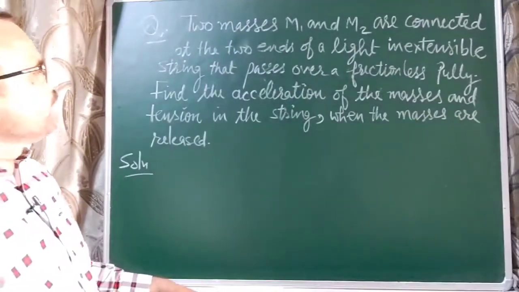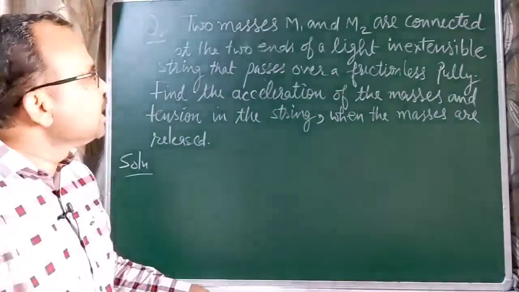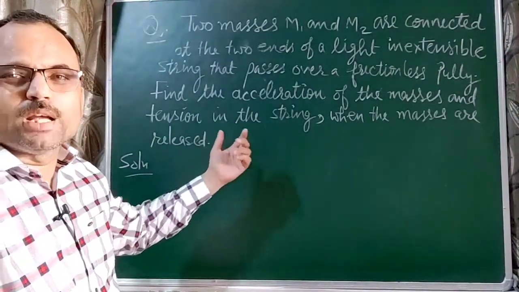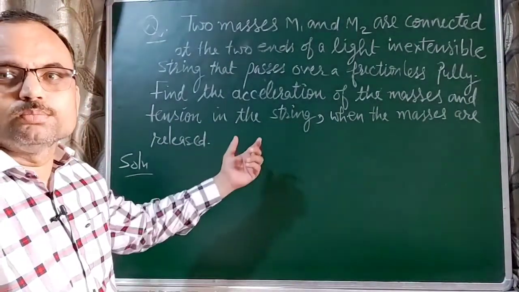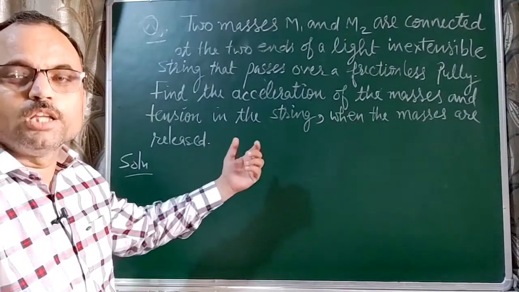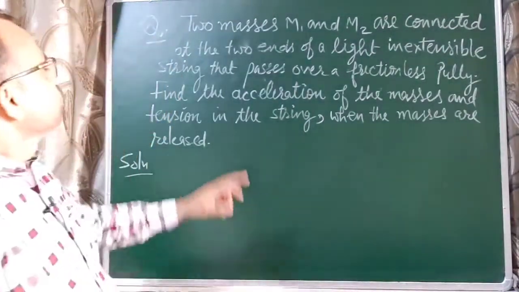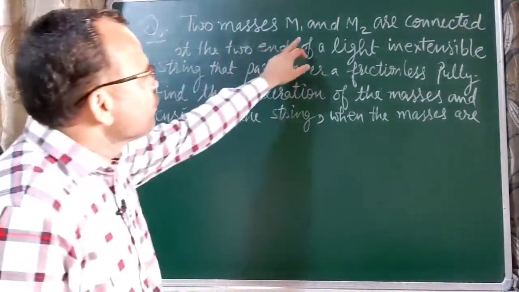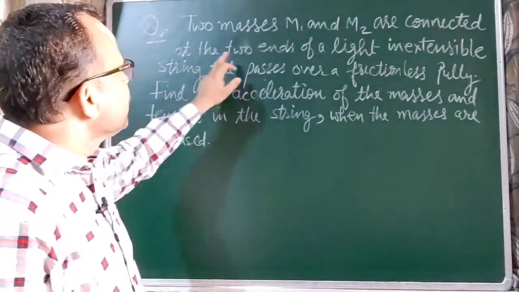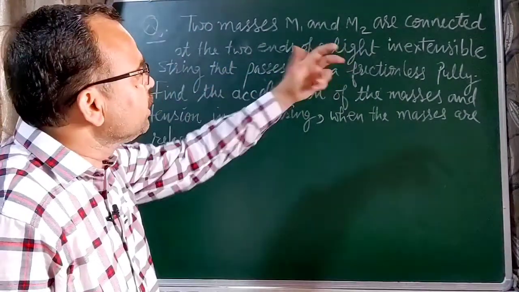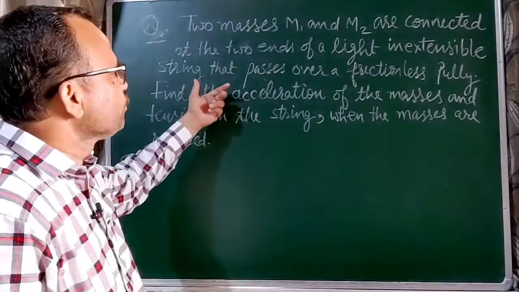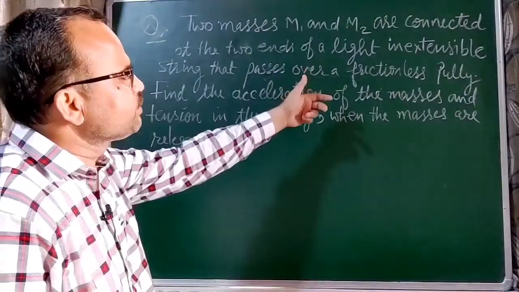Now let us see one important problem. Actually this is not a numerical problem, it is a case of a pulley problem in theory. In this problem, two masses M1 and M2 are connected at the two ends of a light inextensible string that passes over a frictionless pulley.